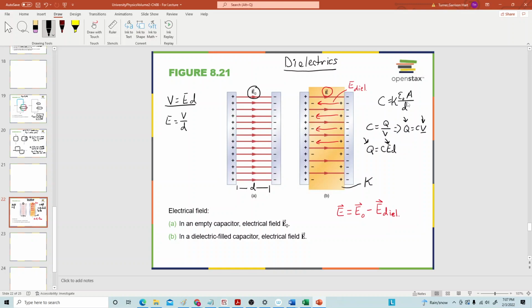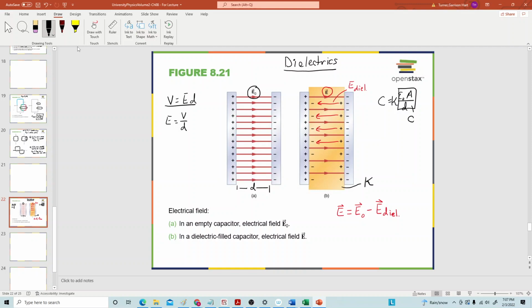So what does the kappa have to do with it? What do dielectrics do? Dielectrics do the following. Remember, this is the expression for the original capacitance.